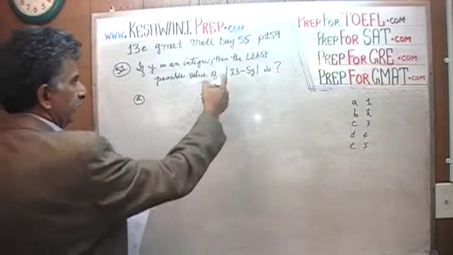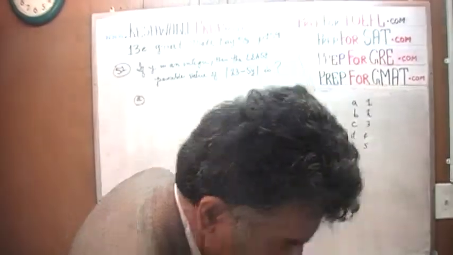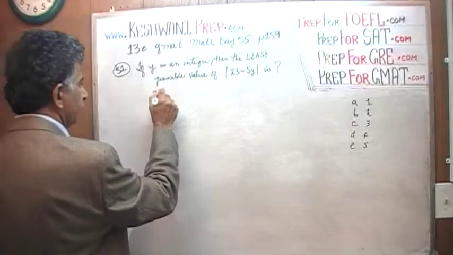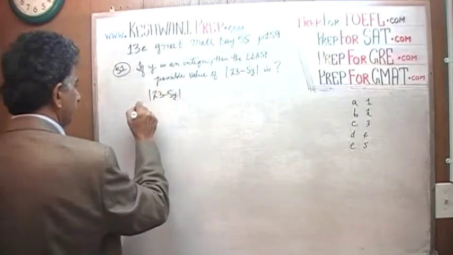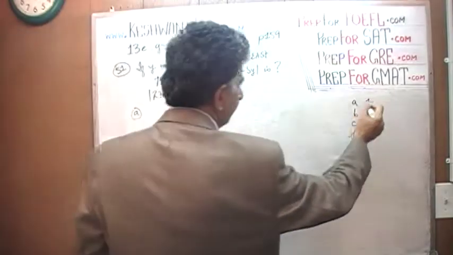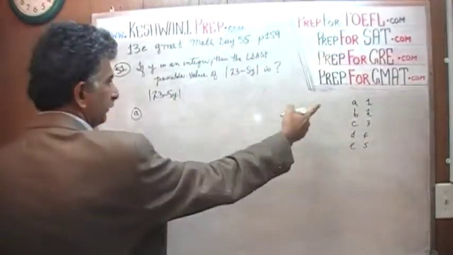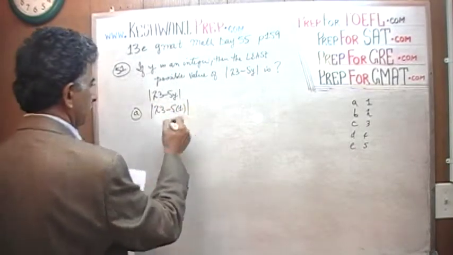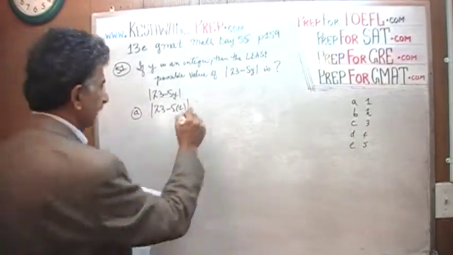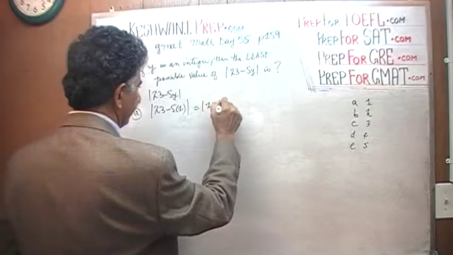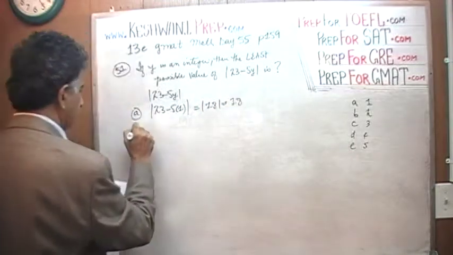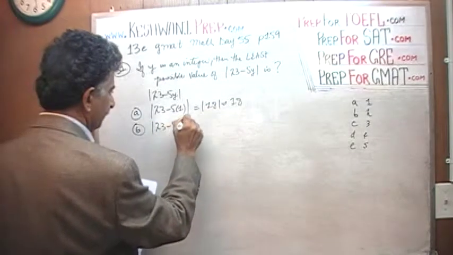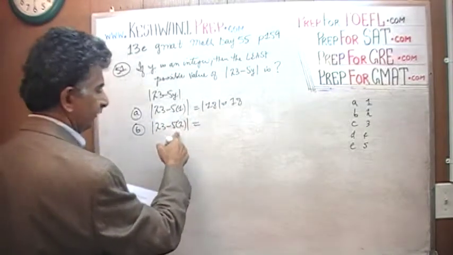In A, if we were to put our expression here, the expression is 23 minus 5y. If we substitute 1 in there, we get 23 minus 5 times 1. 23 minus 5 is 18, and the absolute value of 18 is just 18. Similarly, we put 23 minus 5 times 2. 23 minus 10 is 13.